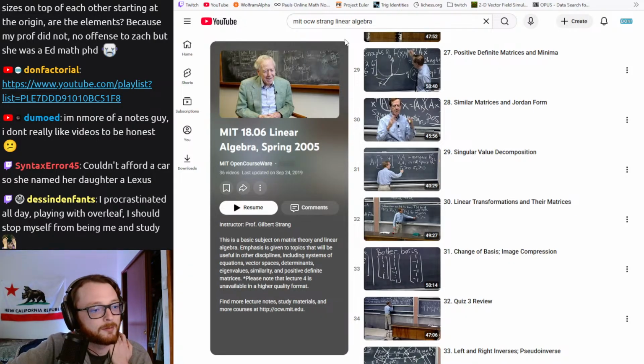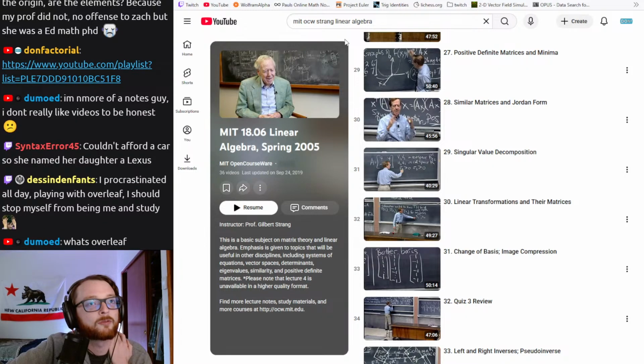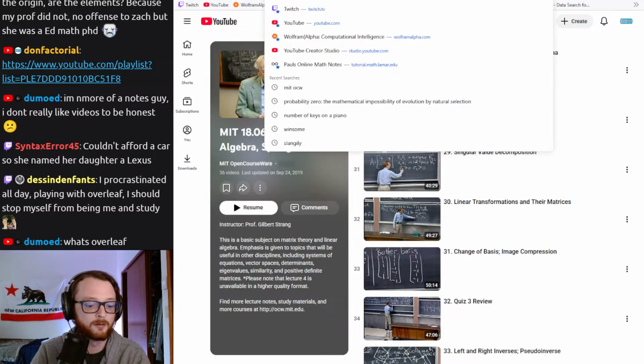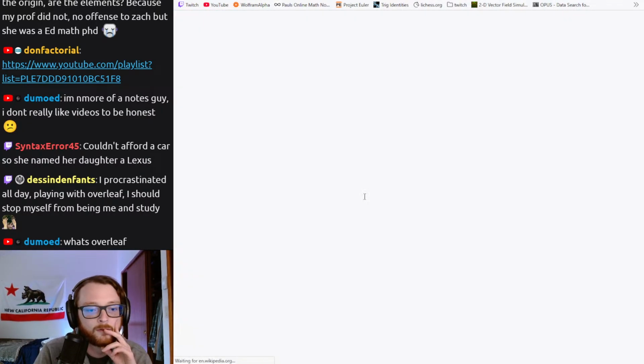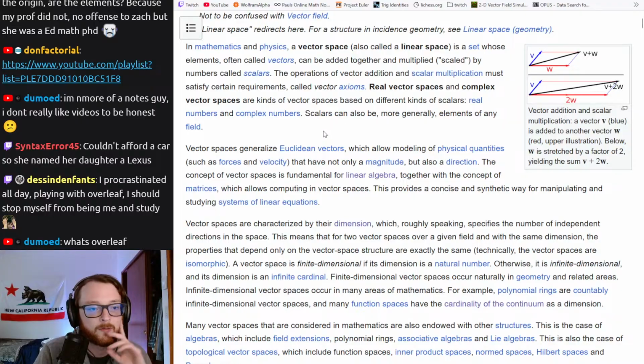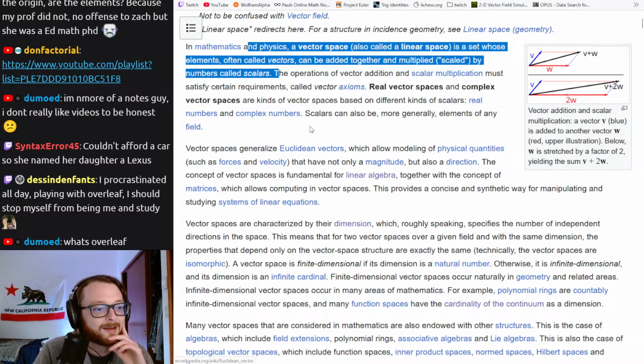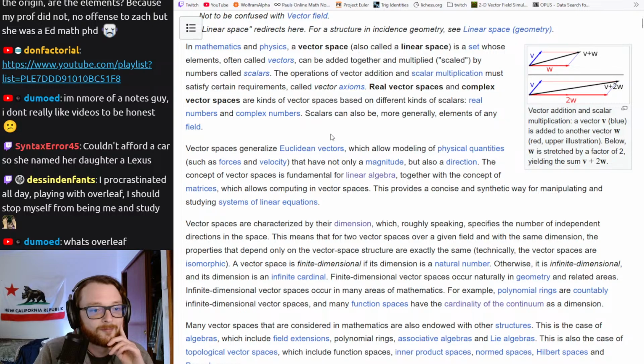Basically the span, or wait, sorry, a vector space. It's just the set of elements. Yes. Sorry. So I don't think so, does it? But I don't quite know what that means, to be honest.